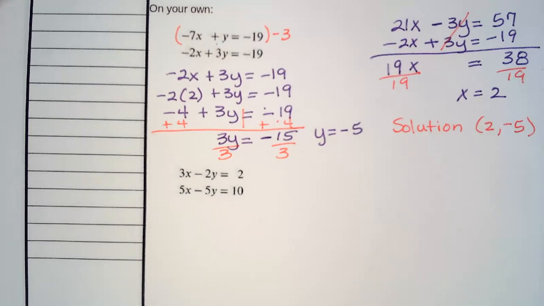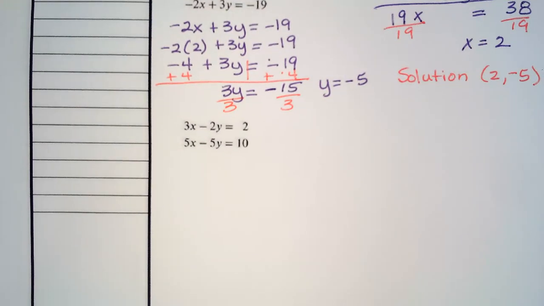Okay, for the last one, we've got a 3 and a 5, a -2 and a -5. Those are your coefficients. This tells me I am going to have to scale both equations to find my opposites.